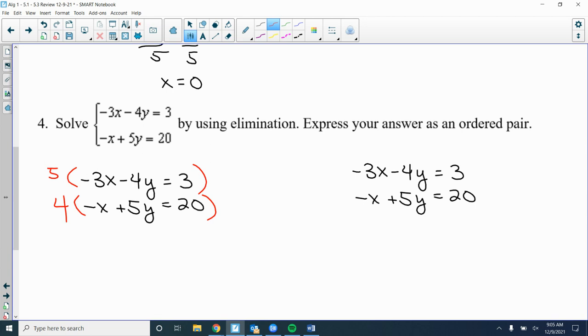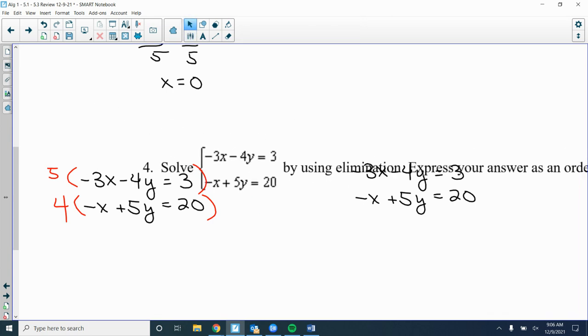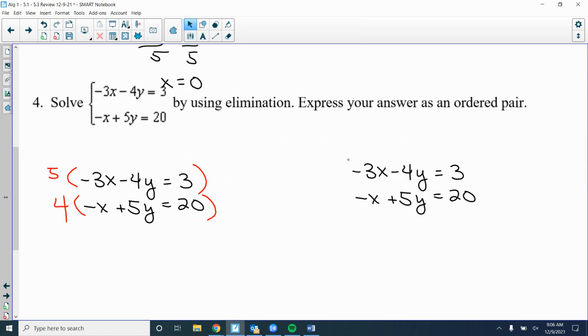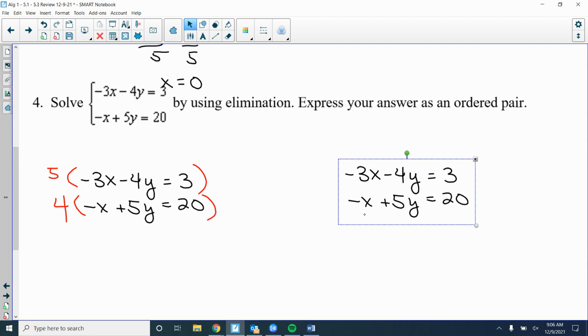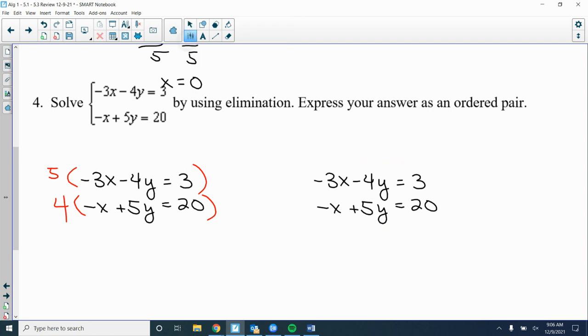Now I can also get rid of the x's by multiplying by one number. What would that one number be? Negative 3, on the bottom, because that will give me a positive 3x. So if I multiply this by negative 3, that will work. Now I'm going to do it that way. Alex, if you already started your way, keep going. But I'm going to start it this way because I'm only going to do one equation.